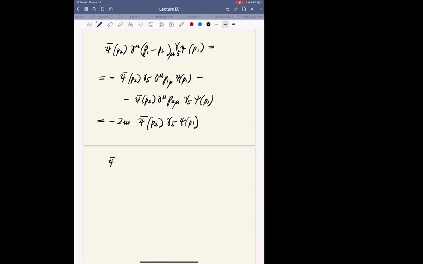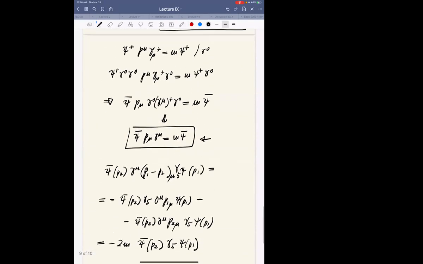Similarly, psi bar P4, gamma nu, Q nu, gamma 5, psi of P3. Now notice Q is not P3 minus P4, but P4 minus P3. So there will be a plus sign. It's the opposite.